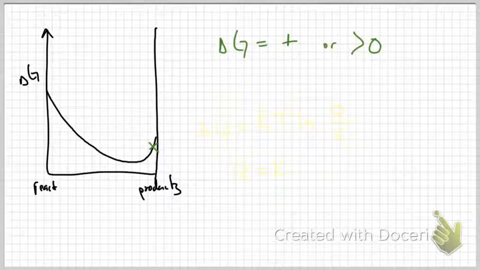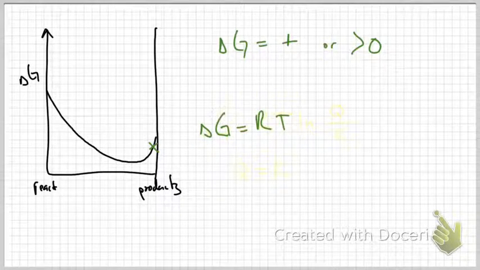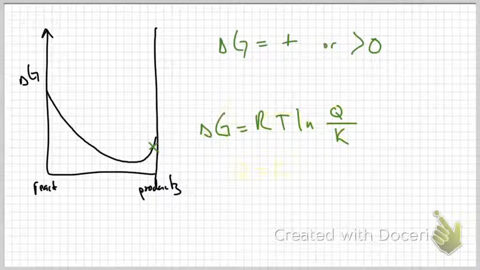If we go back and use this equation, delta G equals RT ln Q over K. Is Q bigger than K here, or is Q smaller than K? Q is bigger than K. So what does that make this fraction? Top is bigger than the bottom, so it's bigger than 1.